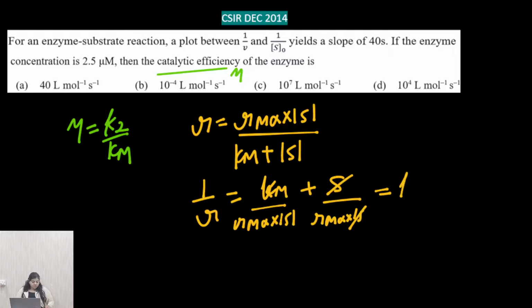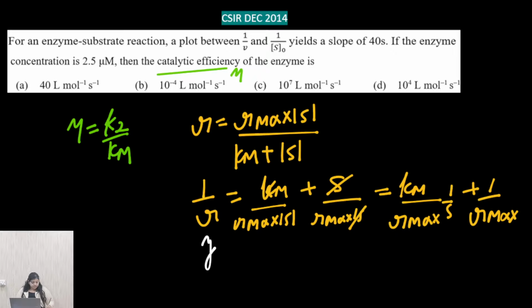It becomes equal to Km upon R max into 1 by S plus 1 by R max. So y is equal to mx plus c.